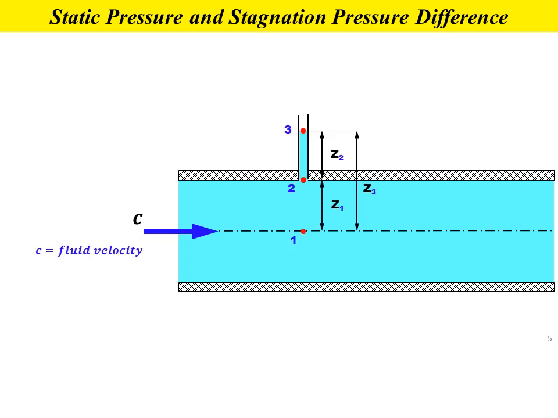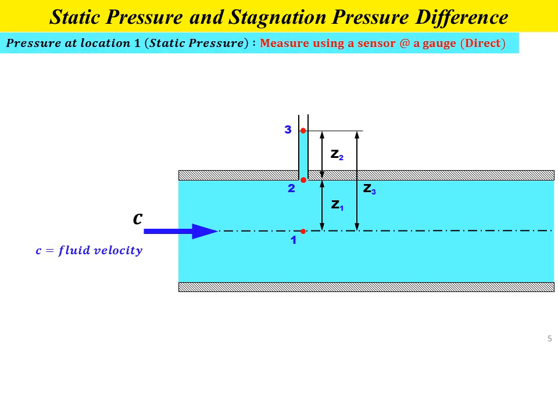Now we want to determine the static pressure of the fluid at the center line of the pipeline, which is referred to as point number 1. We can determine the static pressure at point number 1 by using a sensor or a gauge as shown in the figure. From the gauge we get a direct measurement of static pressure at point number 1.